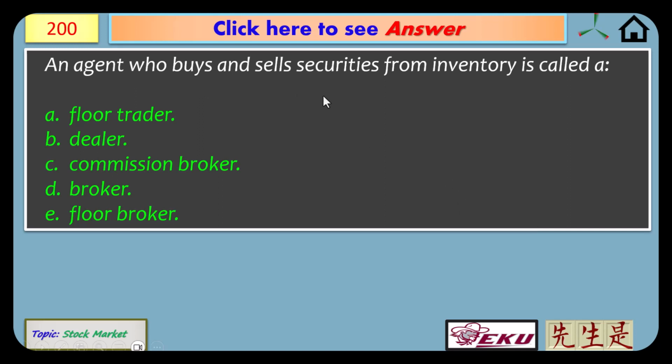An agent who buys and sells securities from their inventory is called a, anyone? Do you know, it doesn't have to be securities. Do you know some sort of institution that buys and sells stuff from their inventory?